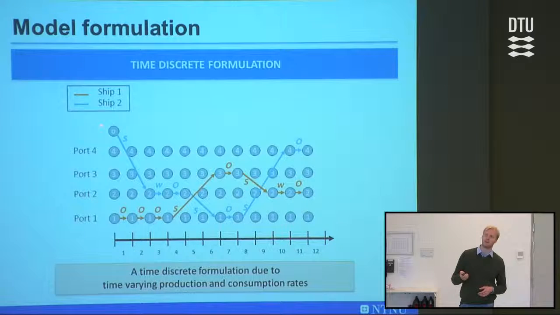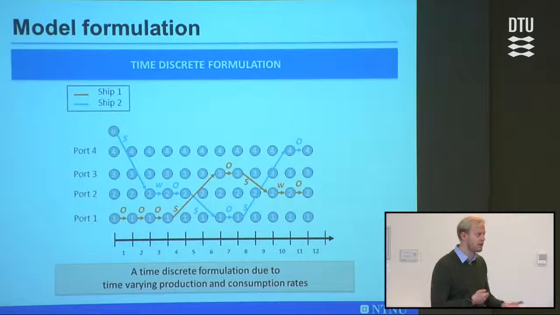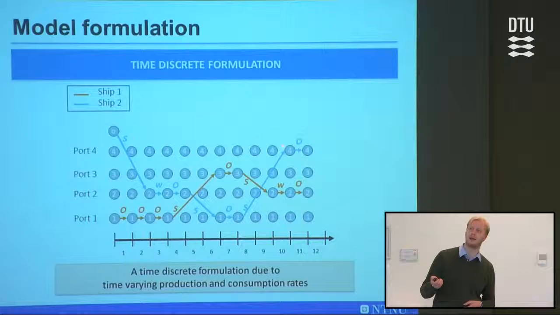So this ship starts somewhere, it sails to port 2, then it waits for 1 day or 1 time period, then it operates, which basically means that it can either load or unload or do both. Then it continues to port 1, where it operates 1 time period, and then it sails to port 4, where it operates 1 time period.